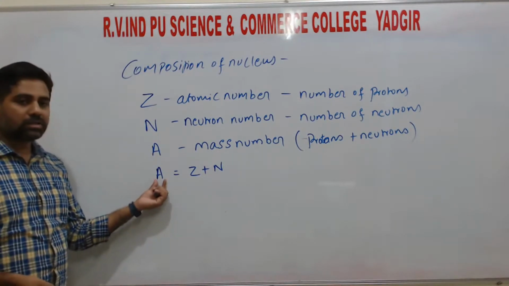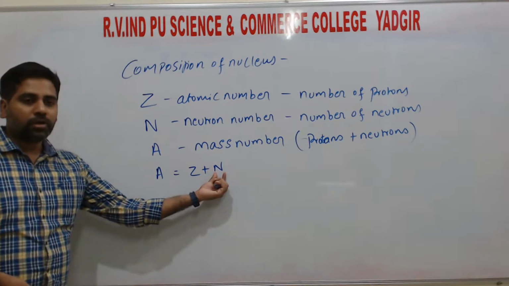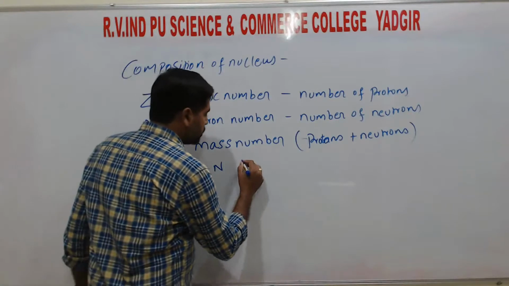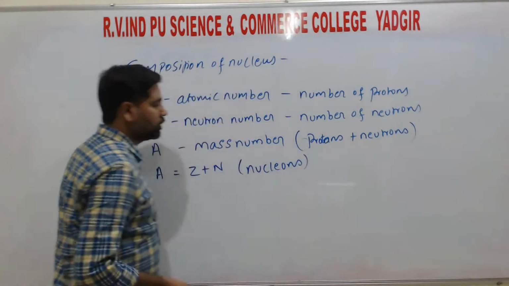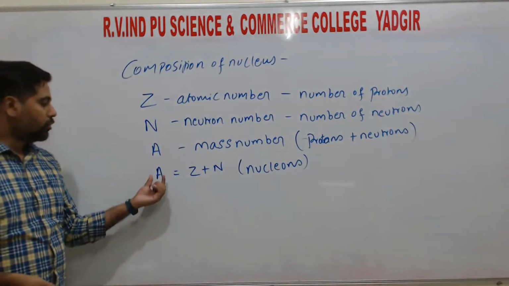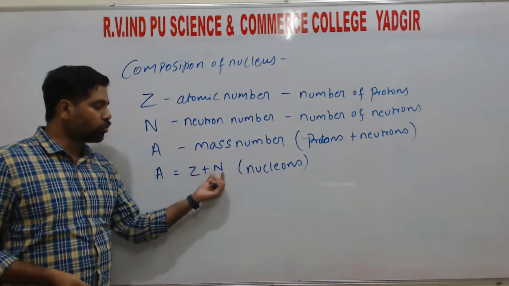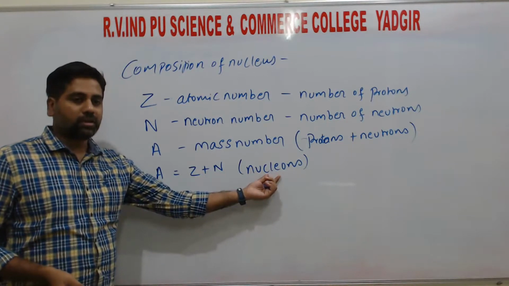So the mass number A is equal to the sum of the protons plus the sum of the neutrons. Sometimes this mass number is also called nucleons, because it consists of both protons and neutrons. That's why these are called nucleons, right?